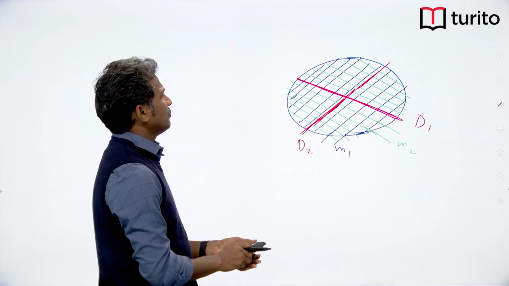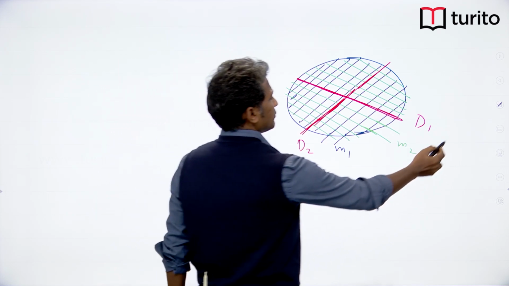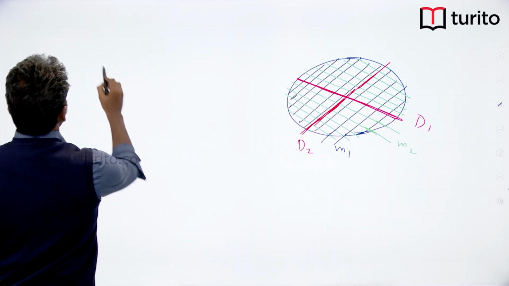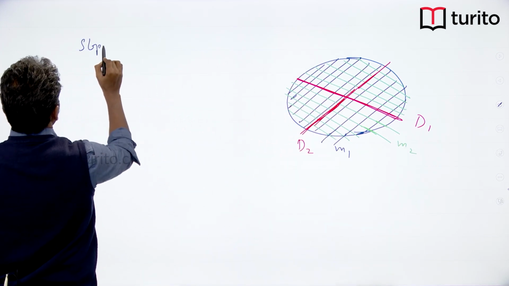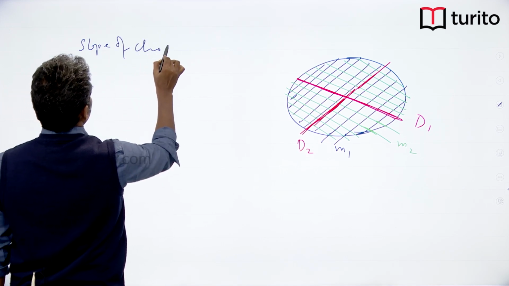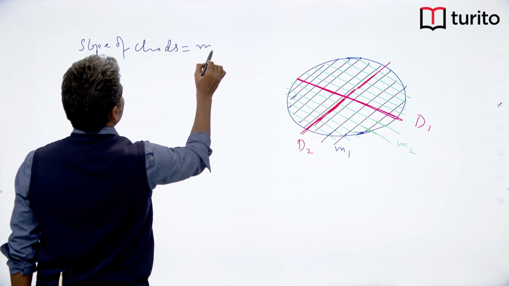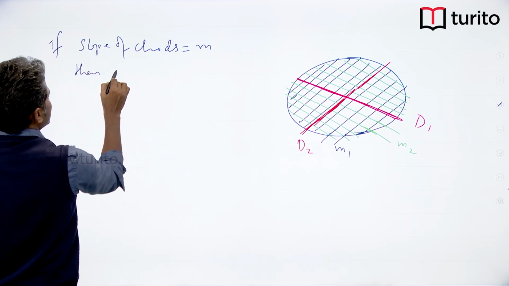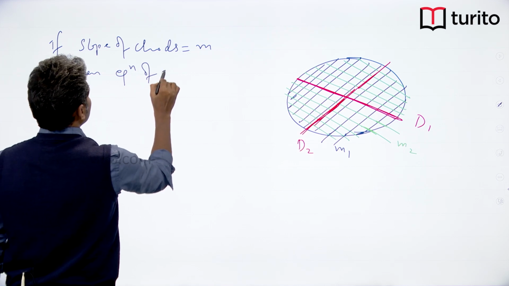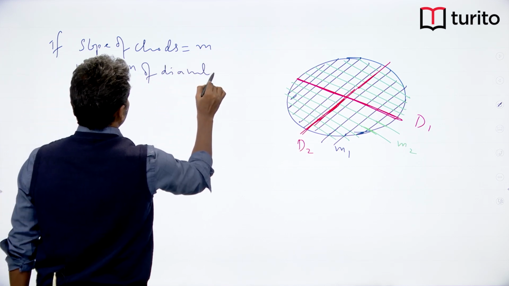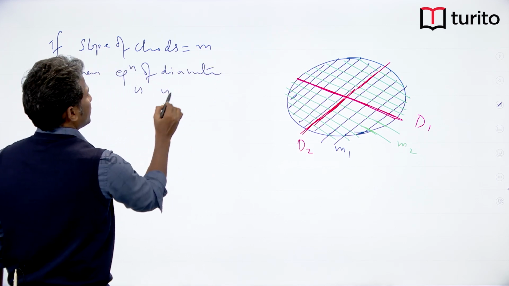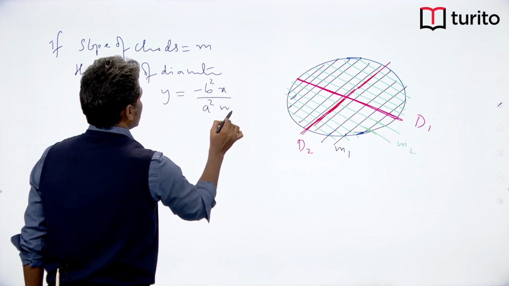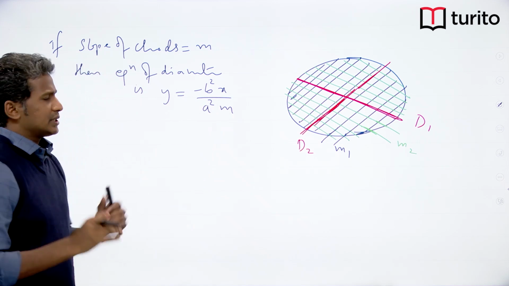We have seen in the last lecture that if the slope of chords is m, then the equation of the diameter is y equal to minus b square x by a square m. This is what we have seen in the last lecture.